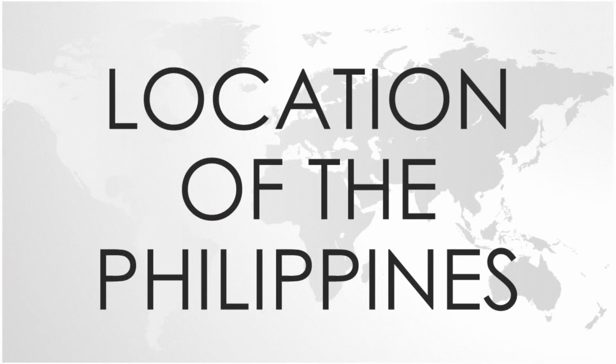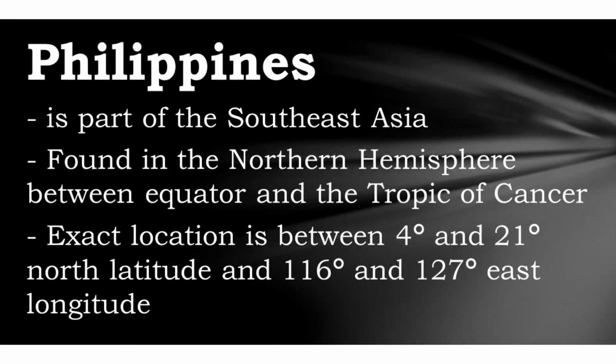Using latitude and longitude is not the only way that you can describe the location of a certain area. Another way is by identifying the land masses and bodies of water that are found in that area. So, what are the land masses and bodies of water that surround the Philippines? The Philippines is part of Southeast Asia.